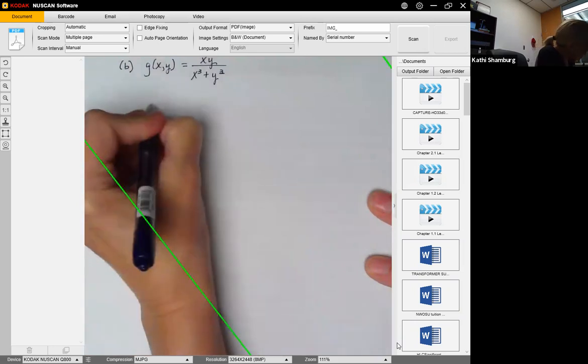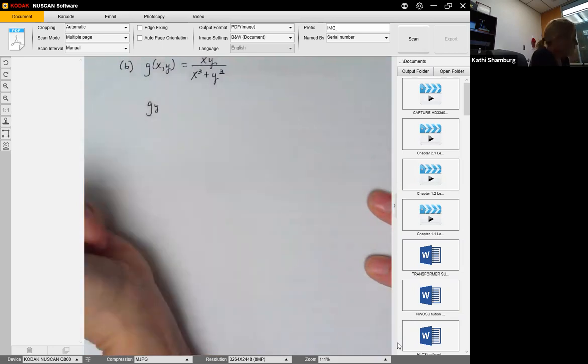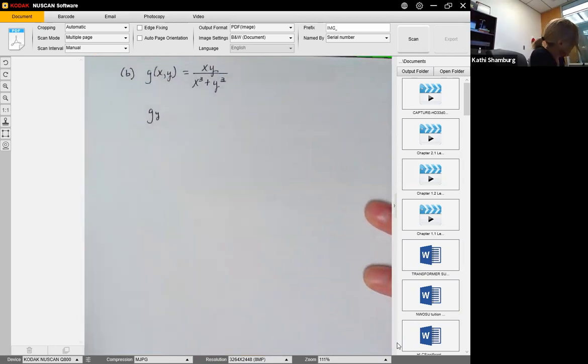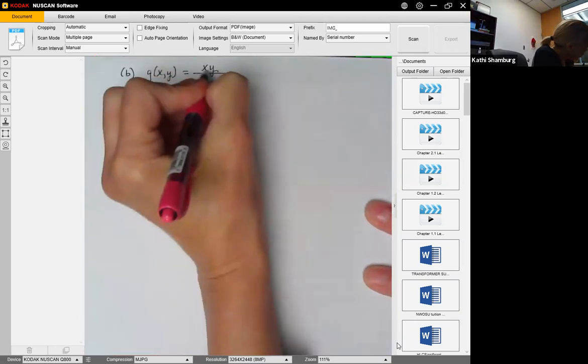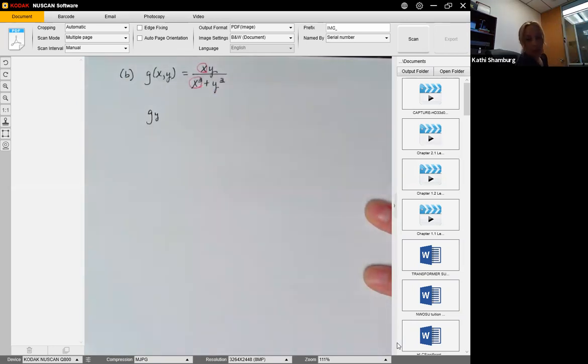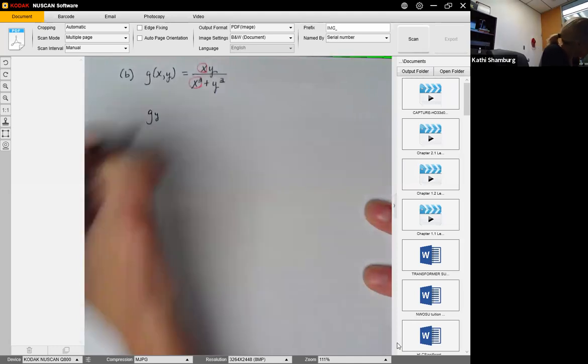But now we're going to find the derivative with respect to y. So what that means is now the x's are my constants or constant multiples.